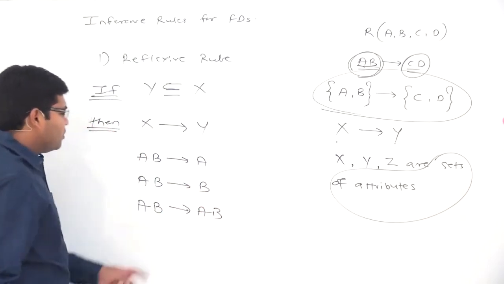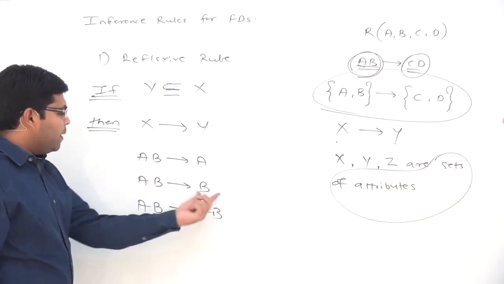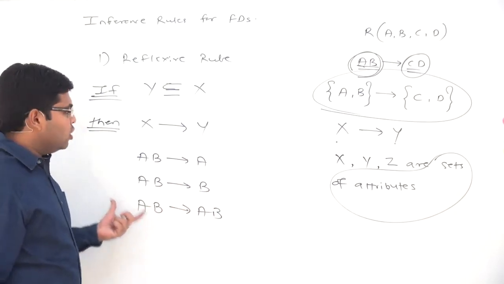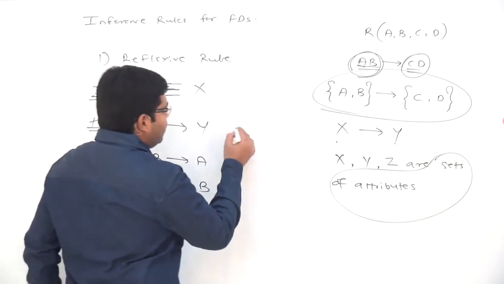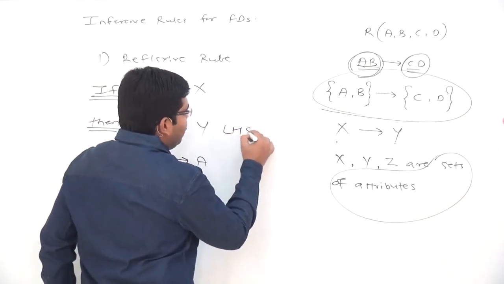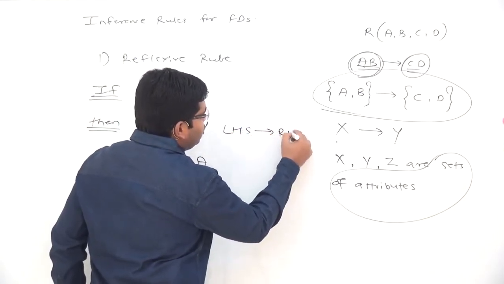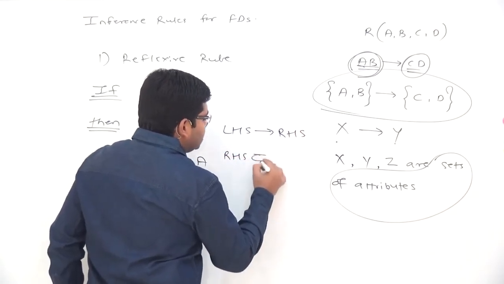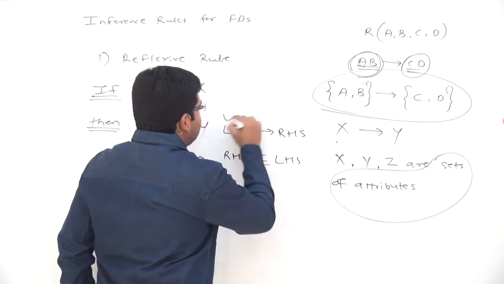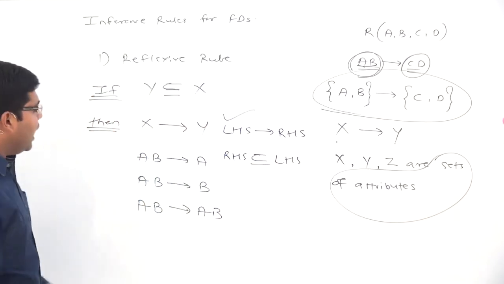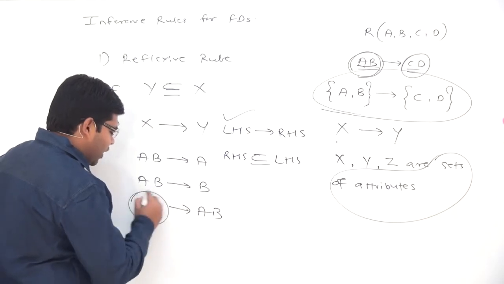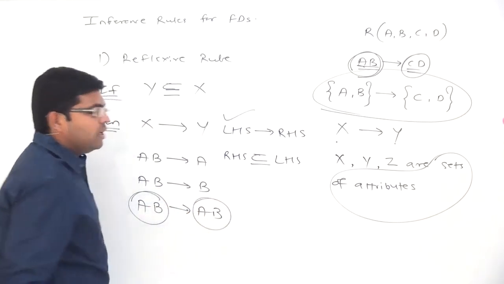Why so? Because A is a subset of AB, B is a subset of AB, and AB is also a subset of AB. So very simply, whenever you have left hand side gives right hand side and the right hand side is a subset of the left hand side, then the FD will always hold. And there is one more angle to this. Every set of attributes will always determine itself.